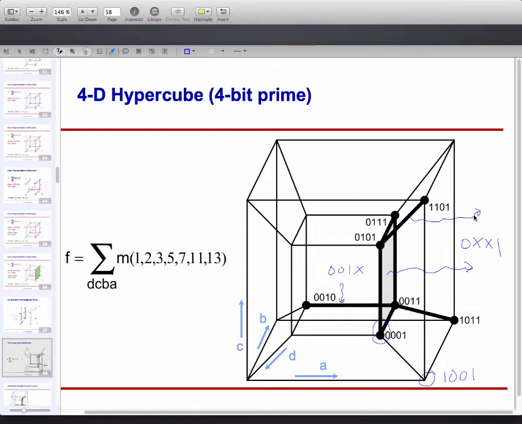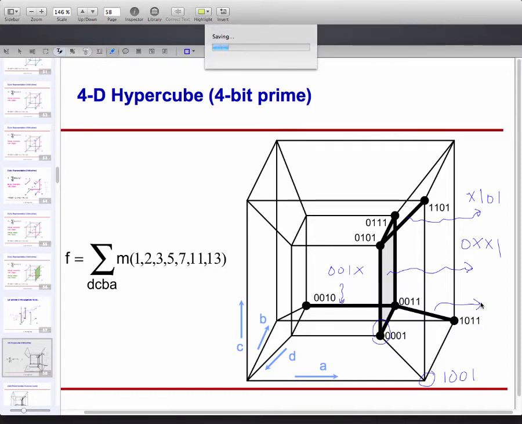What would be the label for this edge? X101, so that's correct. And finally, what would be the label for this edge? Anyone wants to speak louder? x011, excellent.